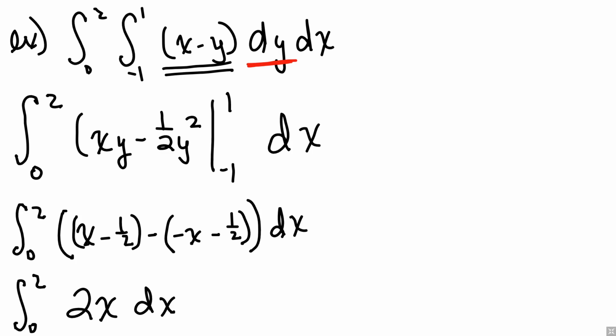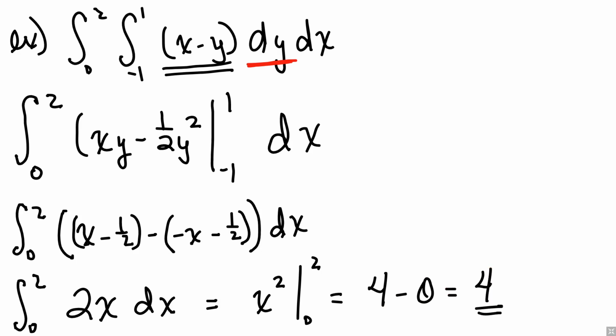Now, if I integrate this with respect to x, I'm going to end up with x squared. Then I'm going to evaluate it from 0 to 2. If I plug in, I'm going to have 4 minus 0. So I get a value of 4. Okay. Any questions?